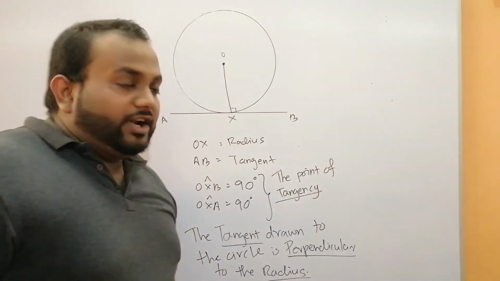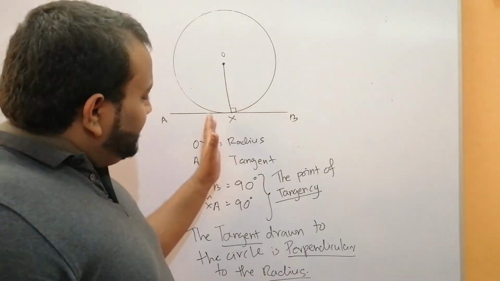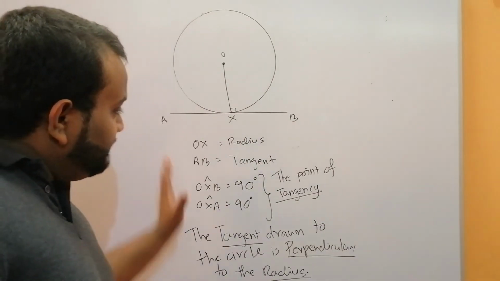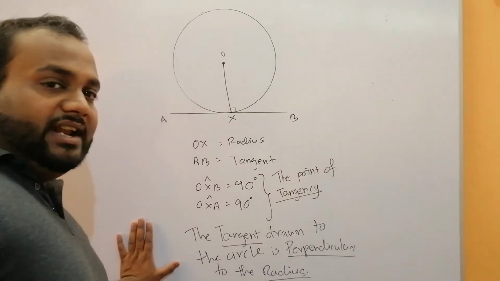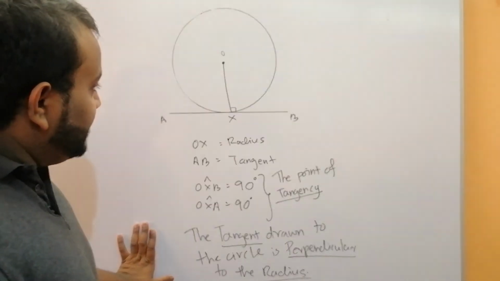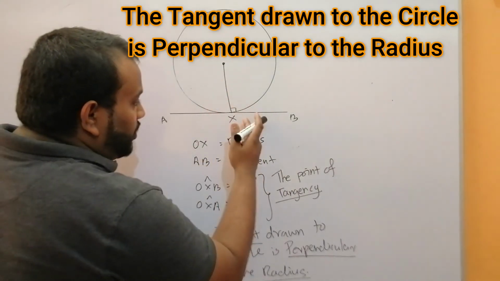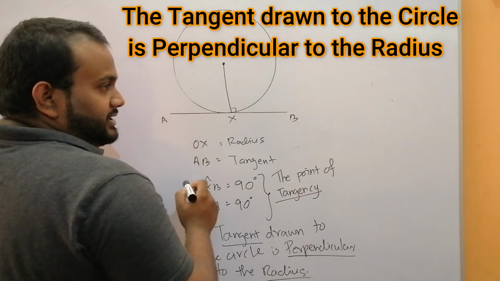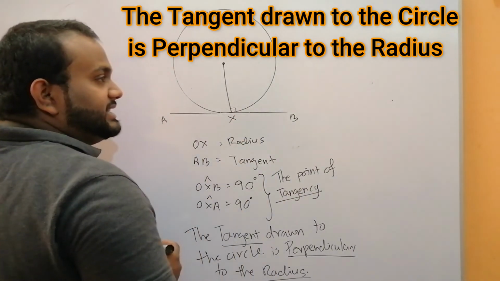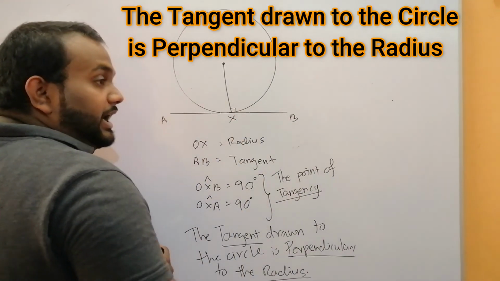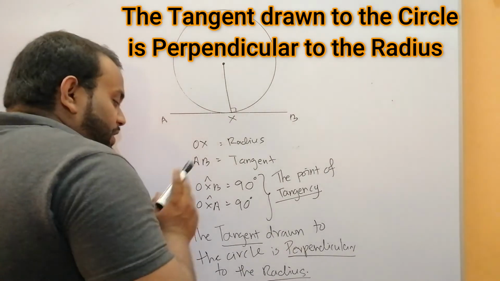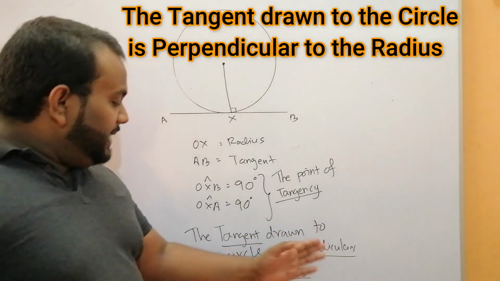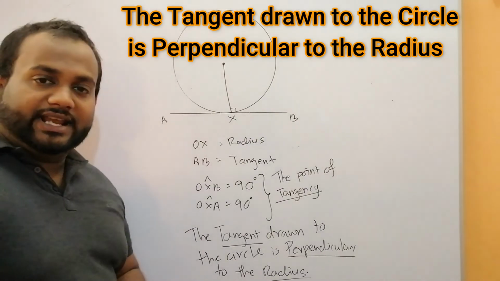This point is known as the point of tangency. That is not of much importance, but you must understand the theory behind it. What is the theory? When a radius is drawn to a tangent, the angle made is 90 degrees, a perpendicular angle. We say that the tangent drawn to the circle is perpendicular to the radius.